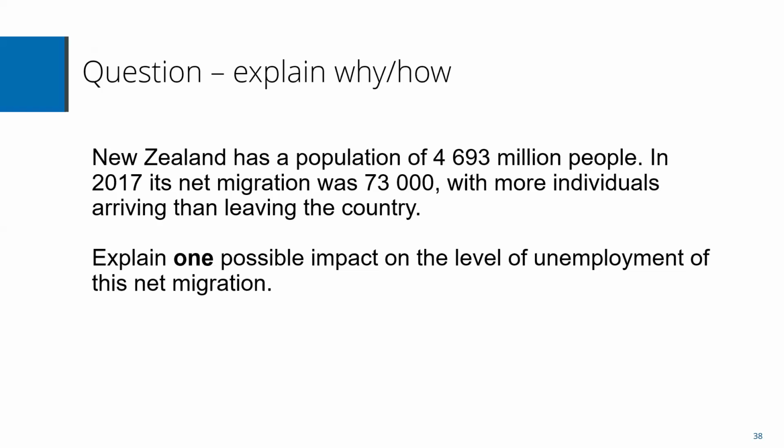So the question doesn't say explain why, it doesn't say explain how, but it's that type of question. However, this is where it's key to look at what the requirements are for the command words. An explain why question is looking for that 2-stage chain of reasoning. It's an explanation of a reason or an impact. And this is asking for that impact.